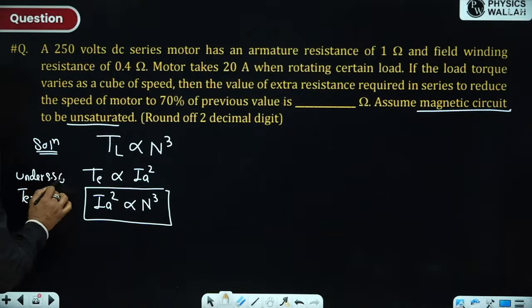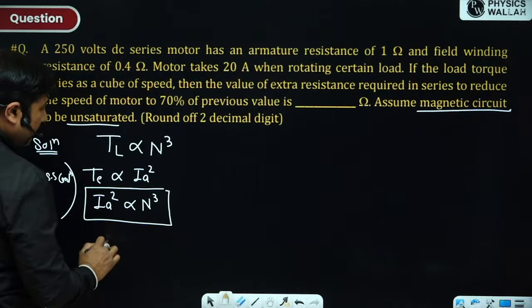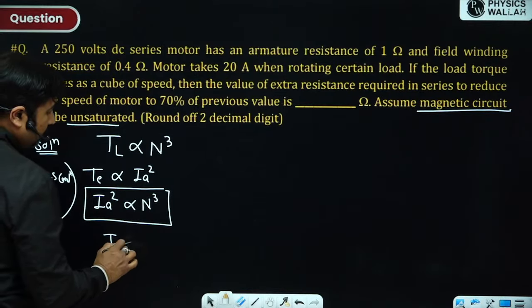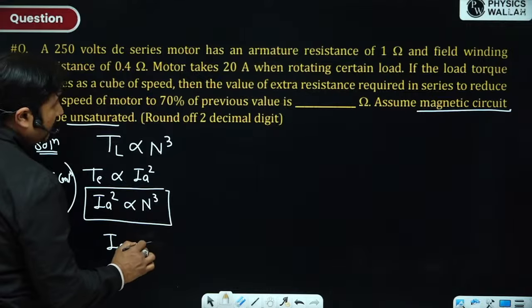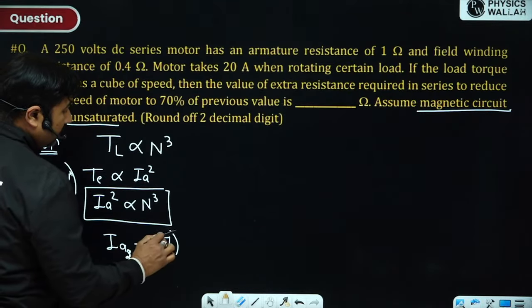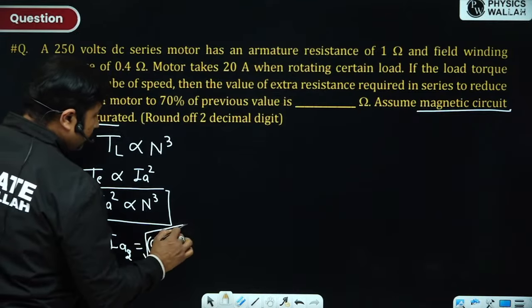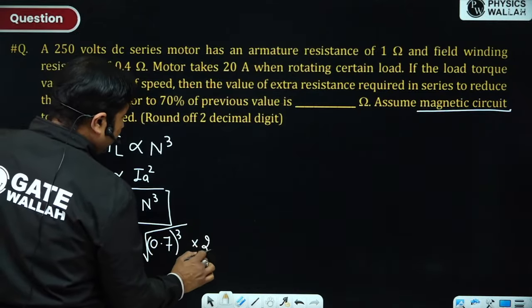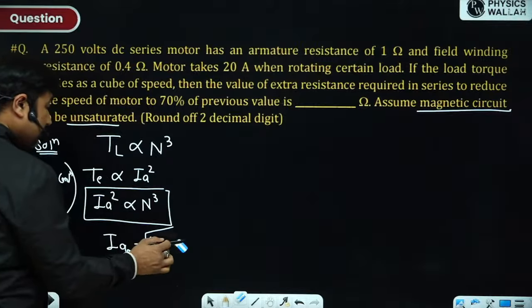That will help you calculate the new armature current. So new armature current Ia2 will become the cube root of 0.7 multiplied with 20. So now we know the new armature current.